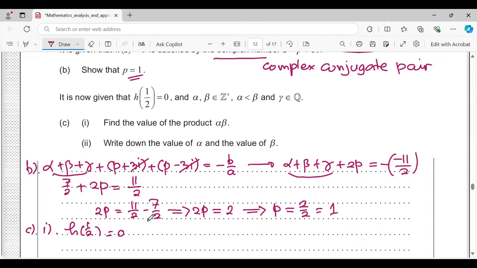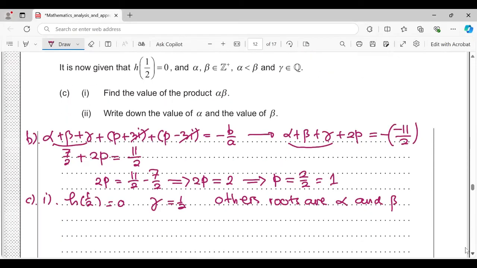If one half is a root of the function, I would like to use gamma equals one half, and the other roots are alpha and beta.